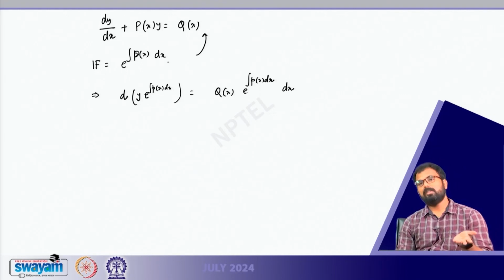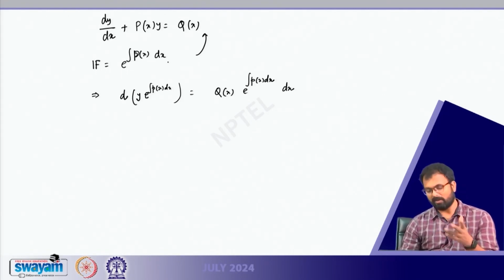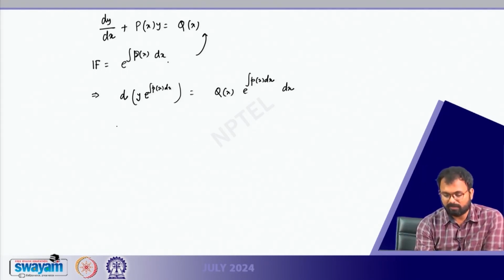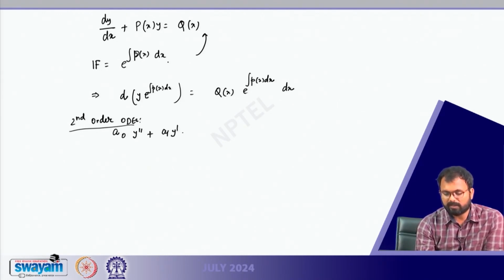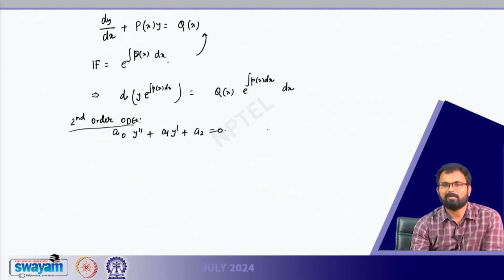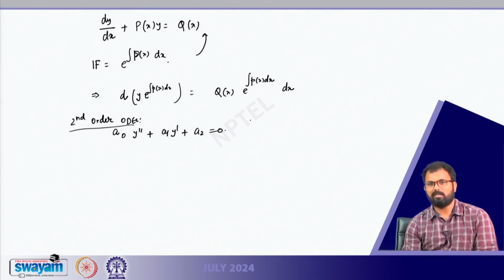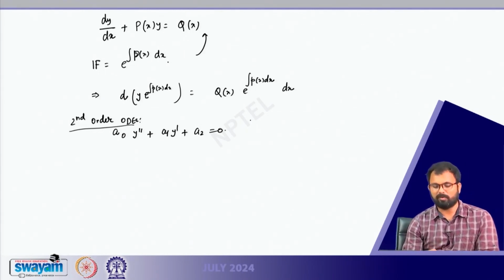Then from first order ODE we move to second order ODE. The ODEs were of this type. Let us say a second order ODE. So, we had this type of formula a0 y double dash x plus a1 y dash x plus a2 y equals to 0. Of course, you supply some initial conditions to get the unique solution, but that is not important for the moment.